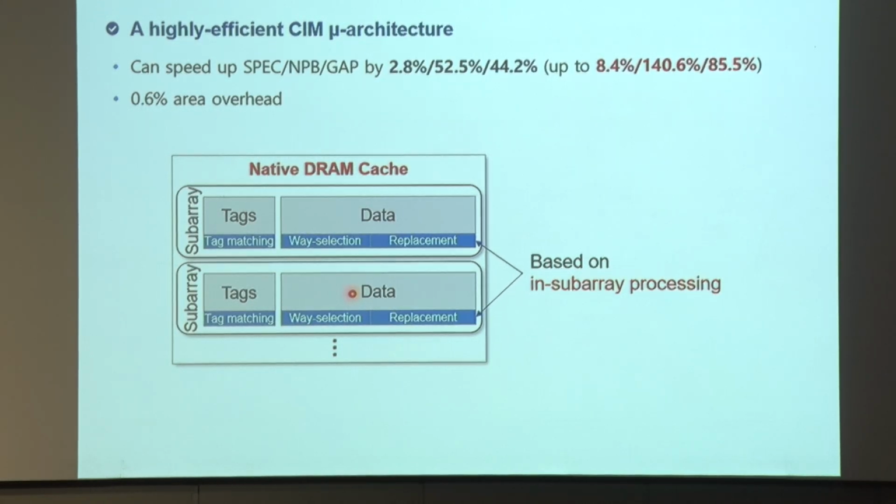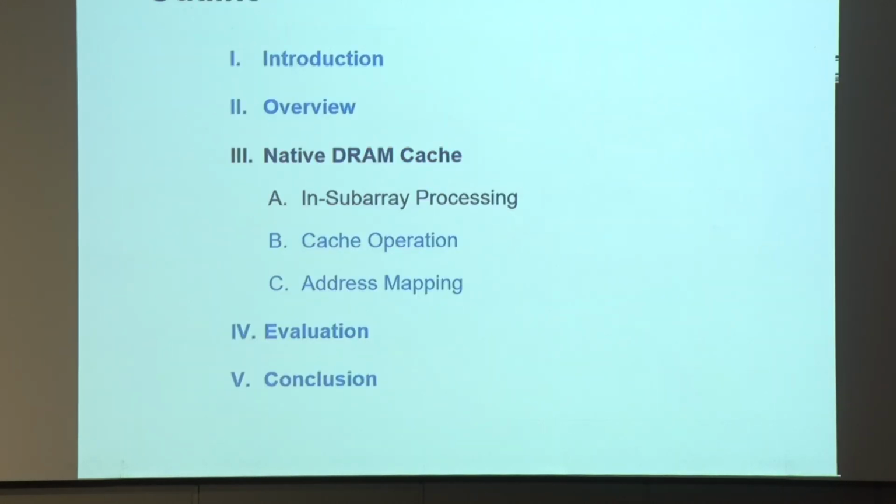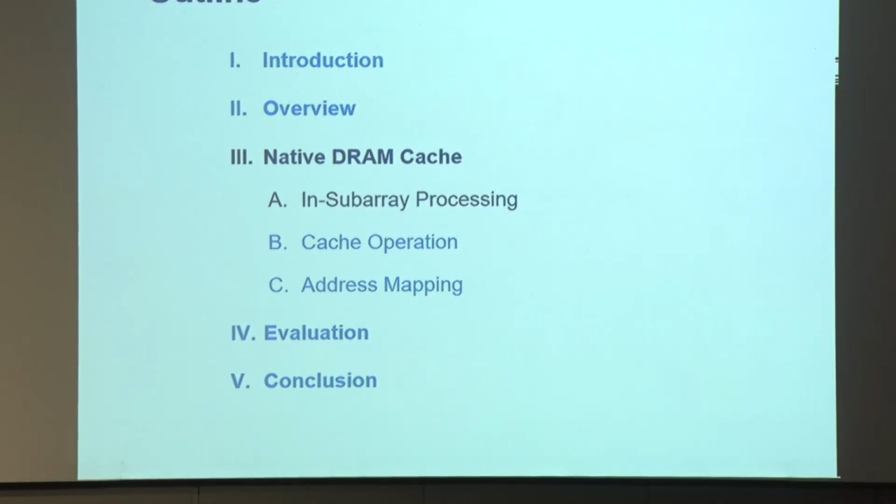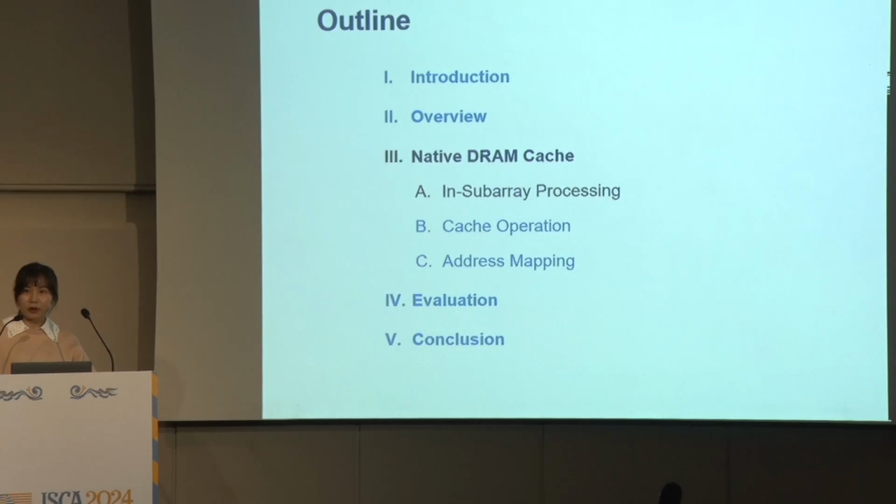As a result, NDC demonstrates significant performance improvements in SPEC, MPB, and GAP benchmarks: 2.8, 52.5, and 44.2% respectively. The next slide will delve deeper into native DRAM cache and its three features. The first feature is in-subarray processing.